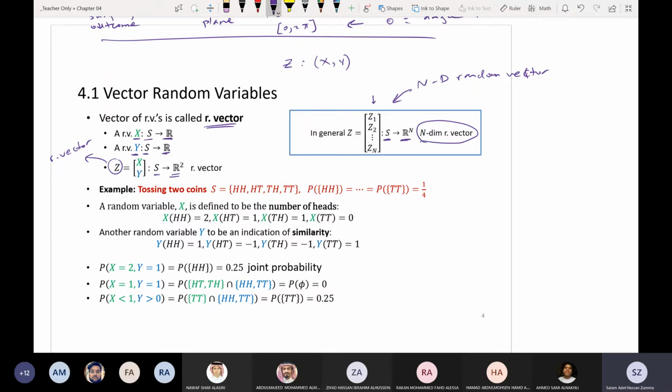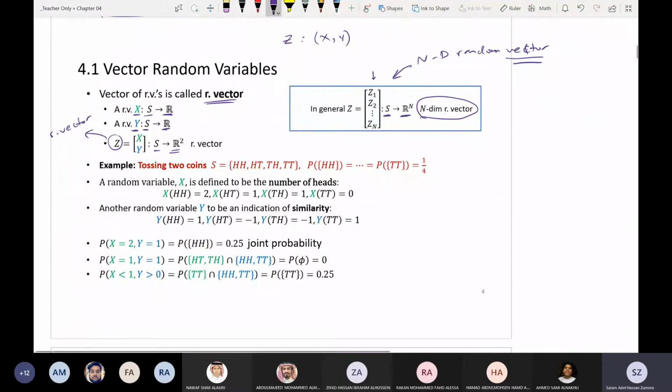In this course, we will mainly focus on two-dimensional. However, in some cases, we'll talk about more than two-dimensional. Everybody understands what I mean by vector, right? Yes, doctor. You have taken it somewhere in your math. So let's have an example, a numerical example.